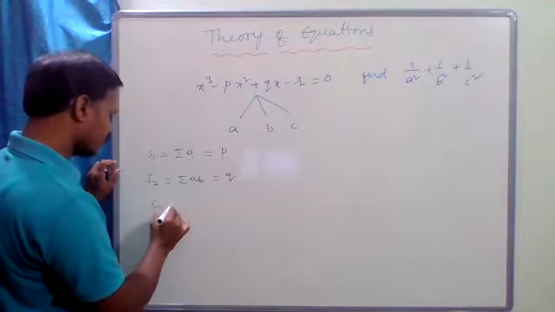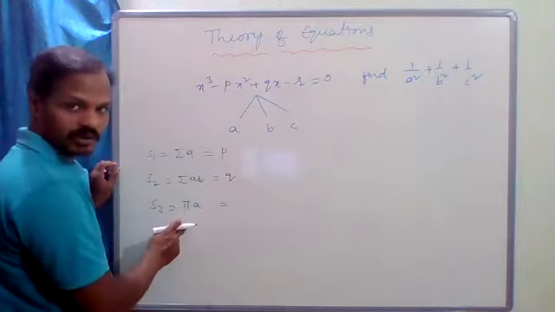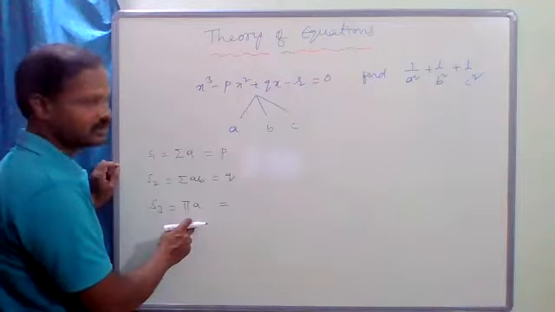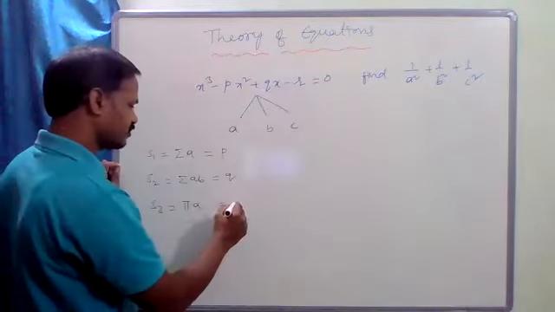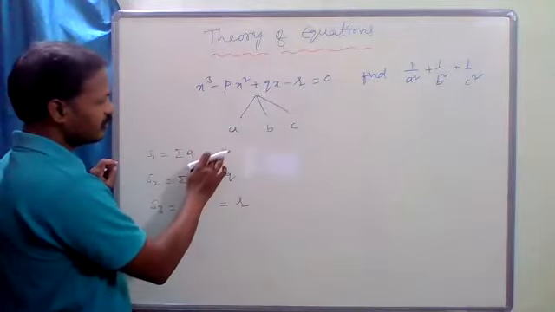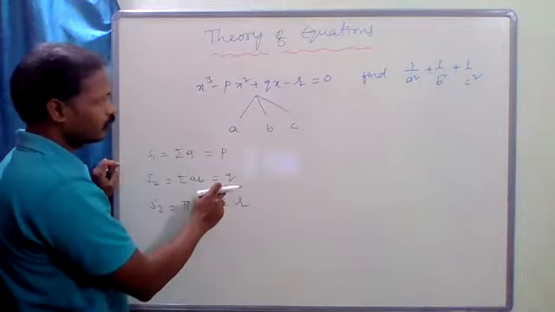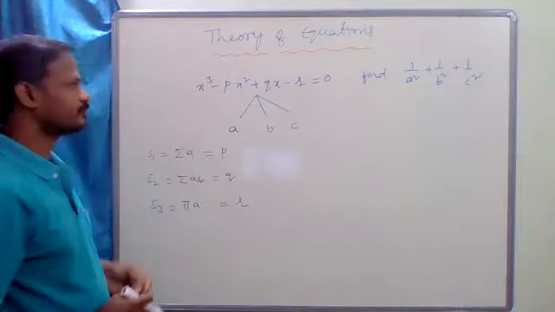Next S3 equal to pi a, that is the product of the roots, a into b into c, which is minus of minus r, that is r.